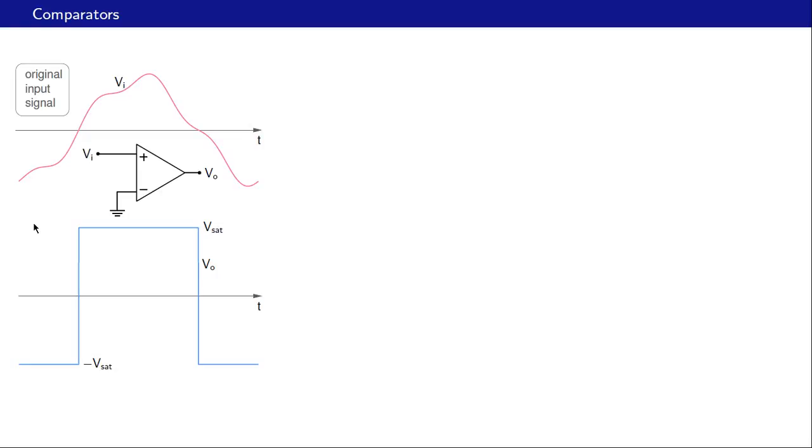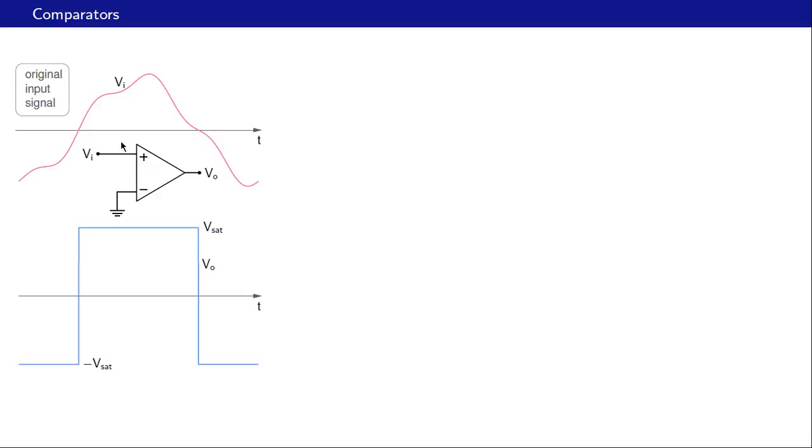Alright, so this is the situation we consider. This is our input voltage, and once again we have connected the minus input to ground and the plus input to Vi. So the expected output is given here.